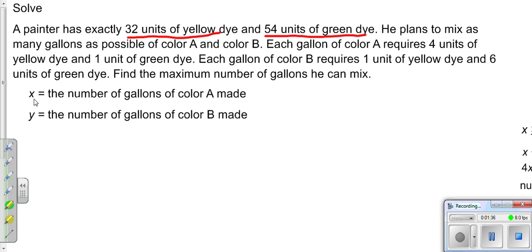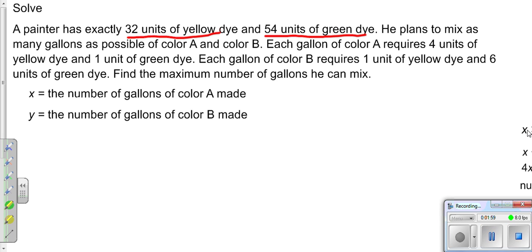So we have this, and by the way, that's the magic of the video. You can make your messy handwriting look nice and neat. Now, if we're looking at number of gallons for X and number of gallons for Y, we obviously can't have a negative number of gallons. Our gallons for either color can only be 0 or something positive.